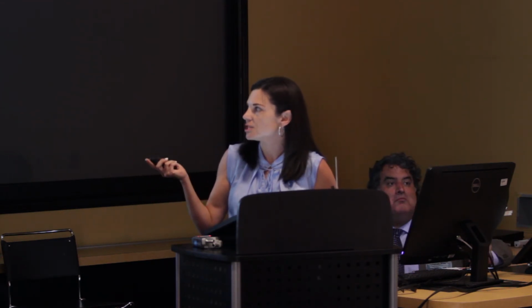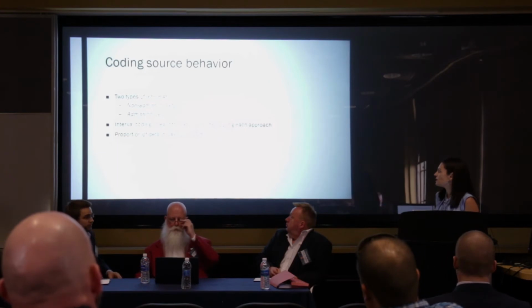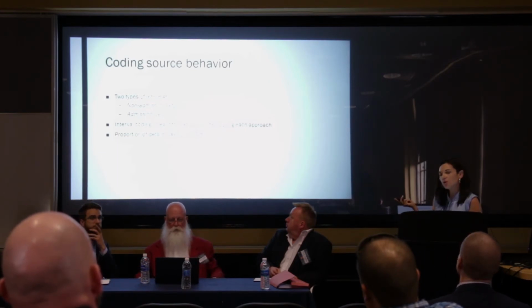Now, we coded information. We had 2 types of information, non-admission details and admission details. And we used interval coding because we were coding information as new information provided during each approach. And we looked at the proportion of details that were shared out of the total number of details available.